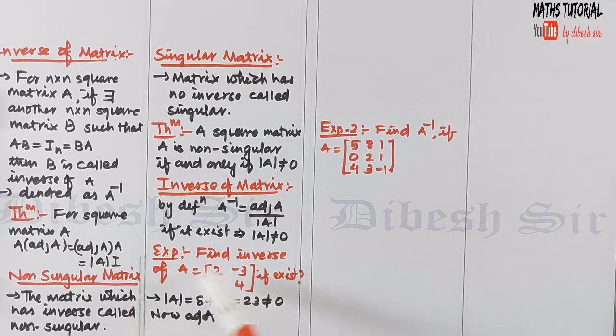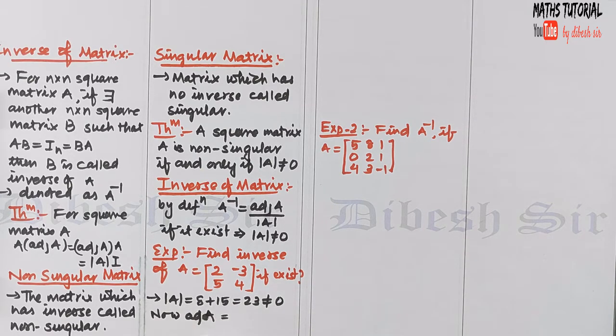So let's do an example. Find inverse of A = [2 -3; 5 4] if it exists. Let's find first determinant A, that is 2 fours are 8, minus 5 threes are 15, that is plus 15. 8 plus 15 is 23, which is not equal to 0.